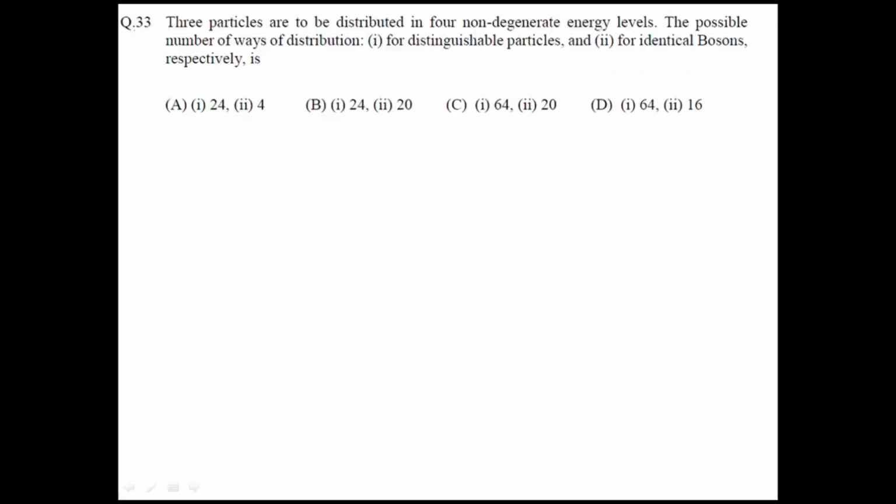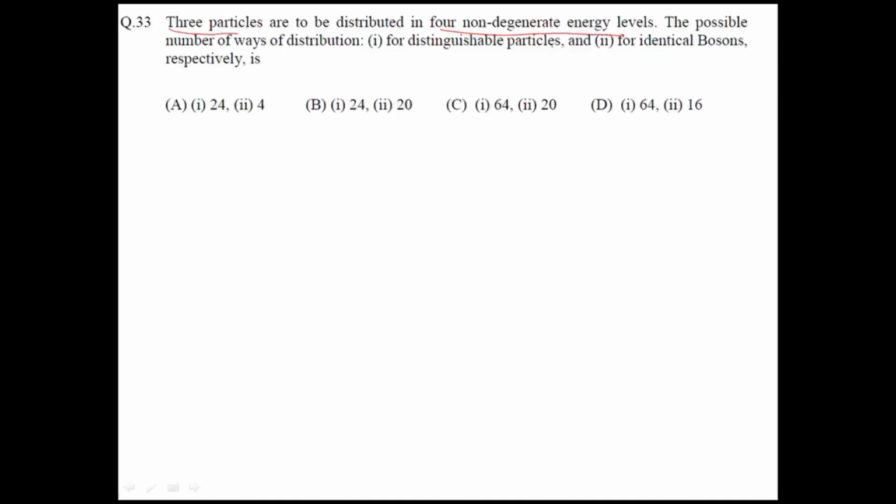Question: three particles are to be distributed in four non-degenerate energy levels. The possible number of ways of distribution, for option 1 distinguishable particles and for option 2 identical bosons respectively, is. So in this question they have given 3 particles and 4 non-degenerate energy levels.